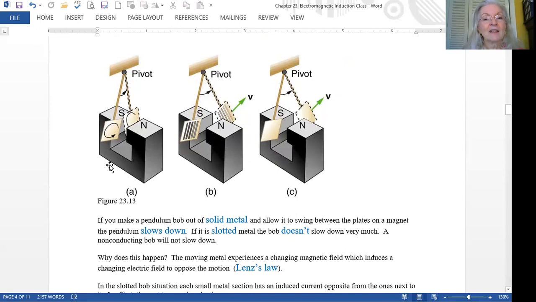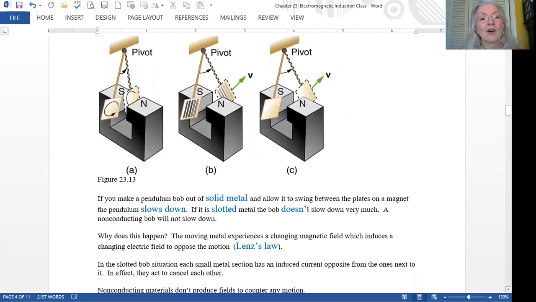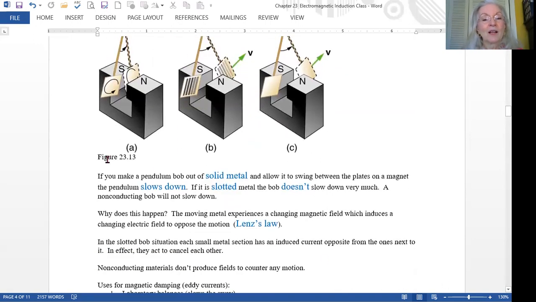So A is a solid conductor, B is a slotted conductor, and C is a non-conductor. If you let that pivot swing through this magnetic field, you can end up with eddy currents in some instances, and you will have different scenarios depending on what's going on.